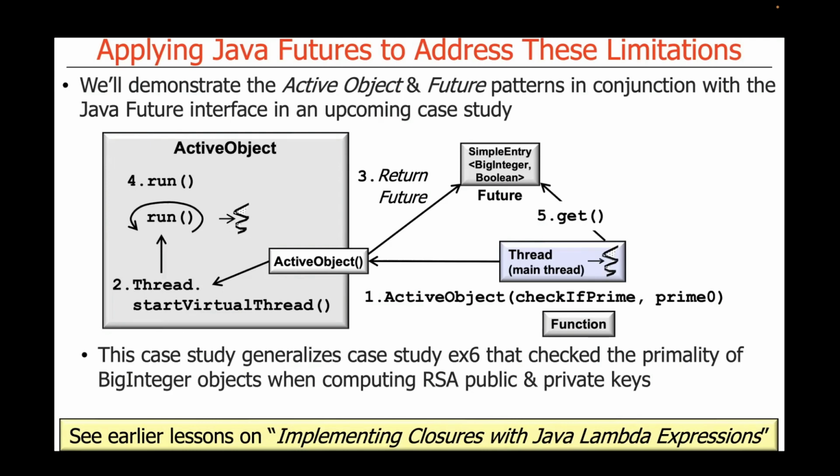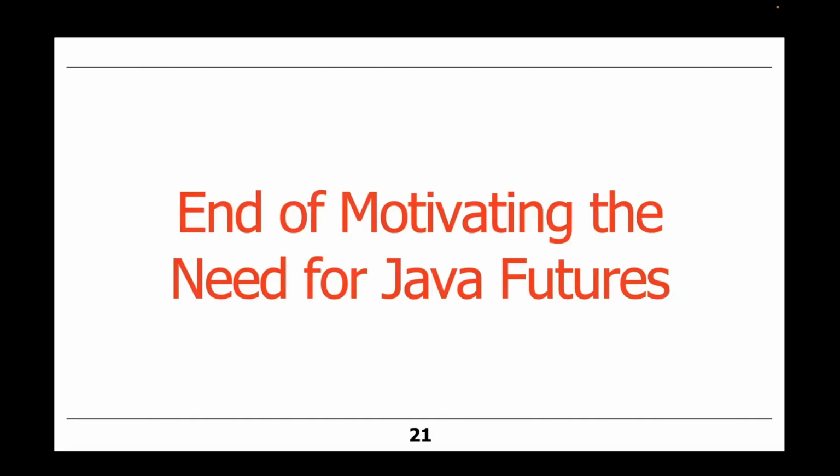If you go back and watch that earlier lesson, or actually there are two lessons, and then watch this one, you'll see how we generalize it and make it more useful, more abstracted, more reusable, and also more responsive because we don't block the client thread indefinitely waiting for the computations to finish. So that's the end of this part of the lesson that motivates the need for Java futures.